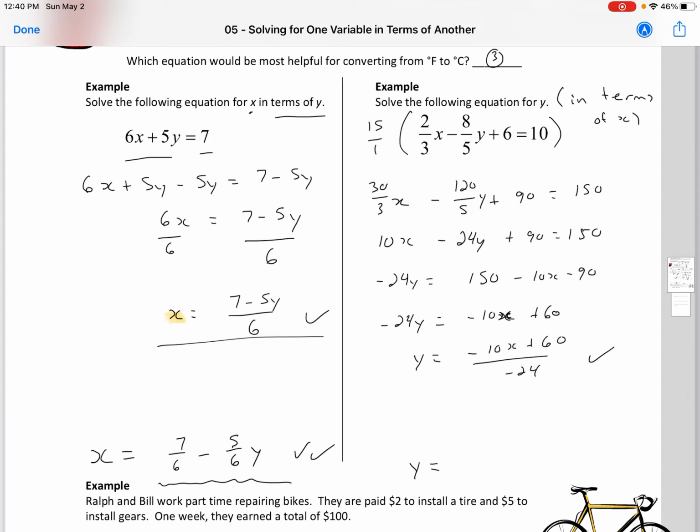Now, for next chapter, we're going to find that it'll be nicer if we divide these individual terms up and simplify them. But you don't have to do this chapter if that's difficult enough already. And I'm going to simplify these fractions here. Geez, what goes into 60 and 24? I think 12 does. So I get 5 over 2 there.